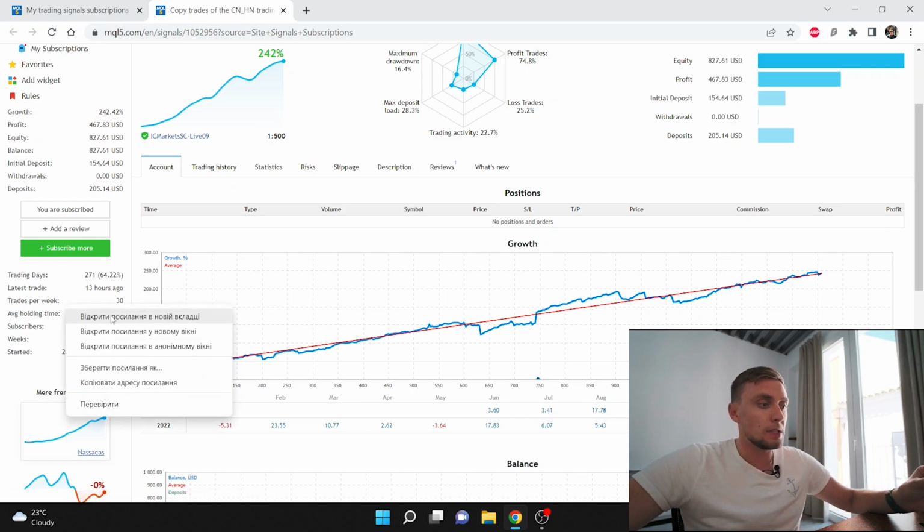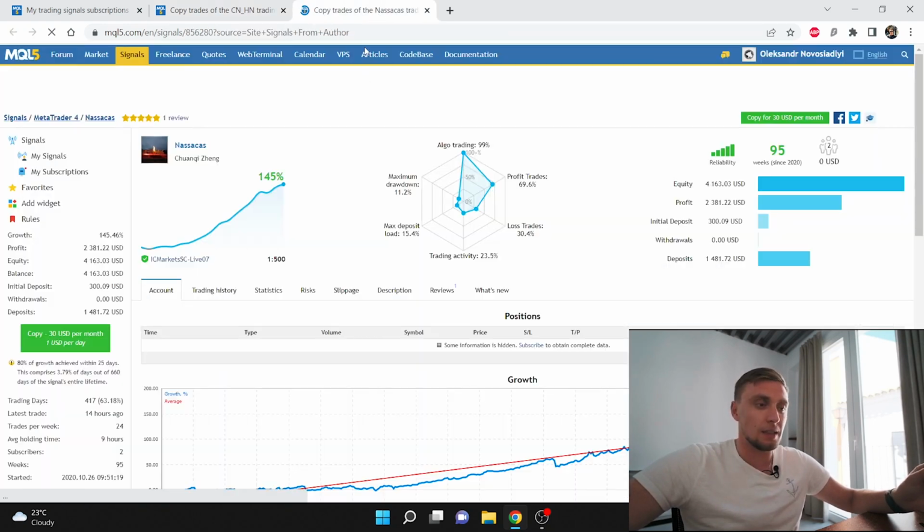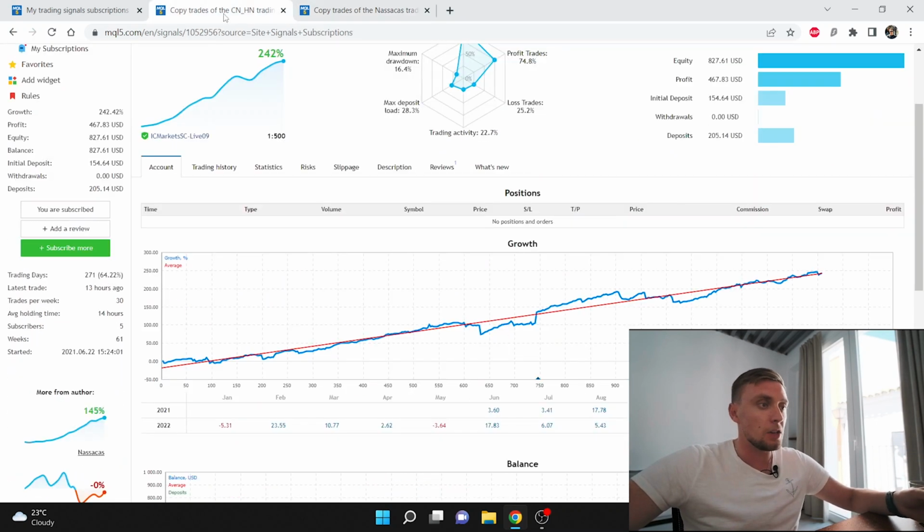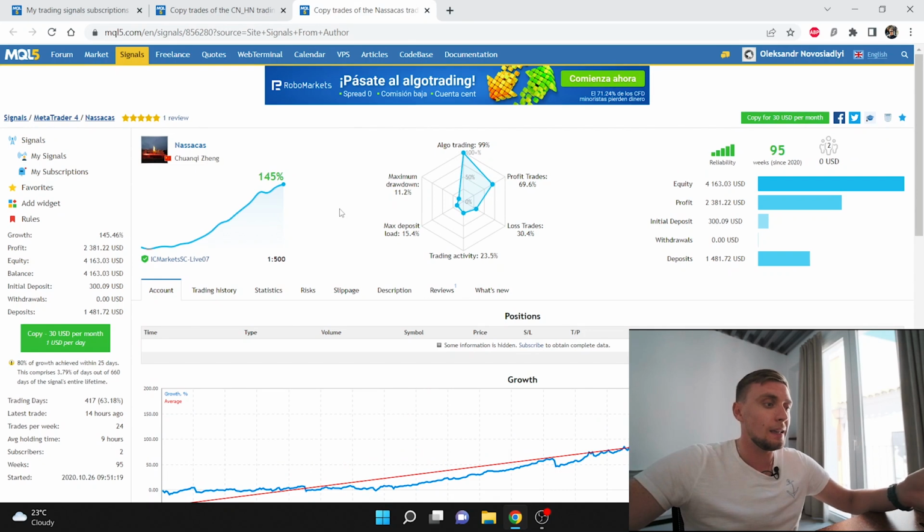There is one more signal, called Nasakas, that in some cases was even better for me. I was trading with this signal for a long time because there was longer statistic, but then I shifted to CNHN. Why did I do that?